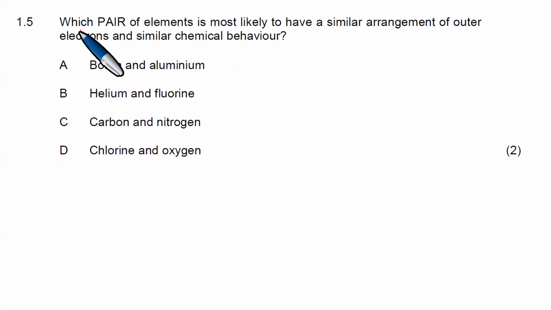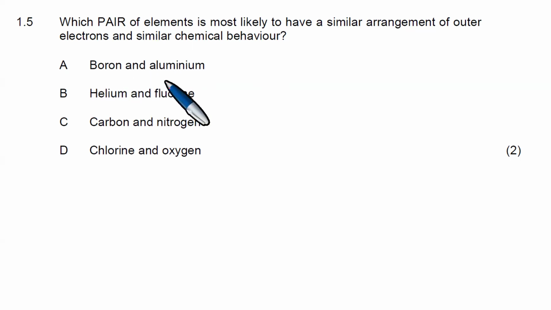Right, 1.5, which pair of elements is most likely to have a similar arrangement of outer electrons and similar chemical behavior?